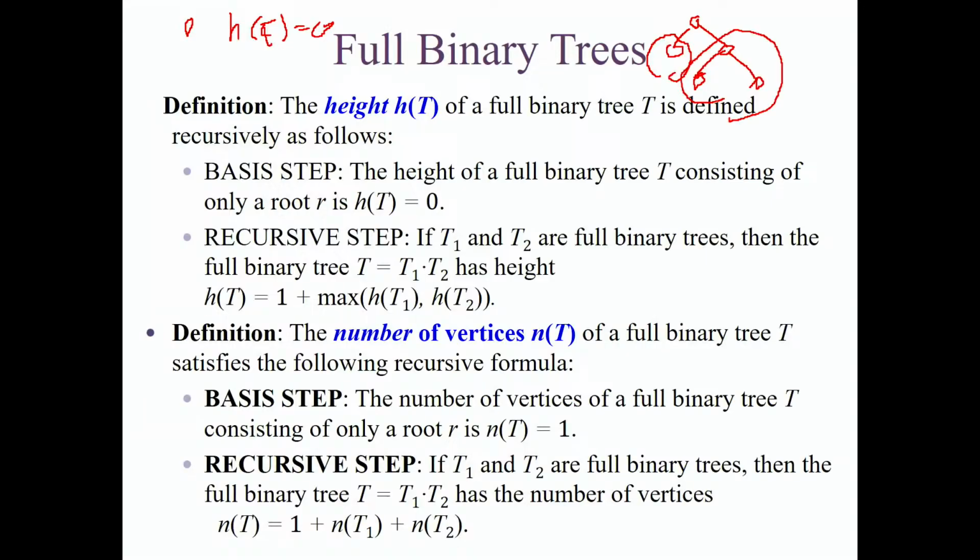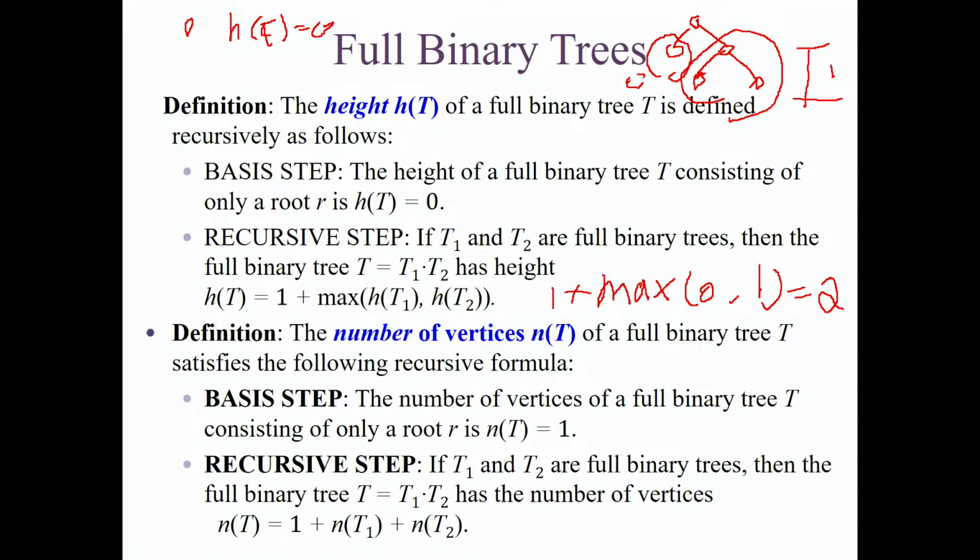What is the height of T1? 0, right? Because it contains only one root. And the height of T2 is 1. So the height of the tree is 1 plus max of 0 and 1. Okay, so that will be 2.